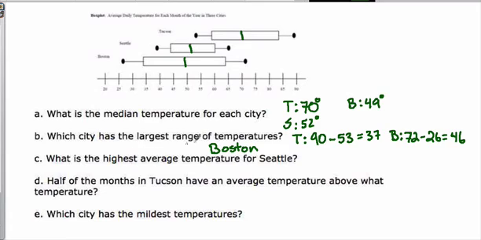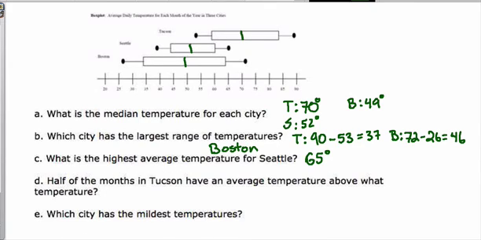Okay, what is the highest average temperature for Seattle? We're just looking for the highest temperature there. Right there, the highest temperature for Seattle looks like it gets 65 degrees for average. So we can conclude that in the summer months in Seattle, the average is 65. All right, half the months in Tucson have an average temperature above what temperature?